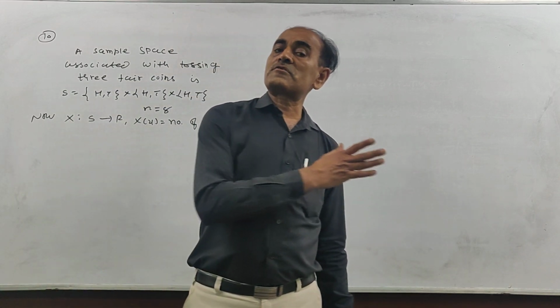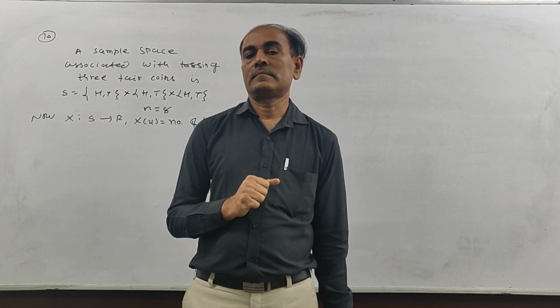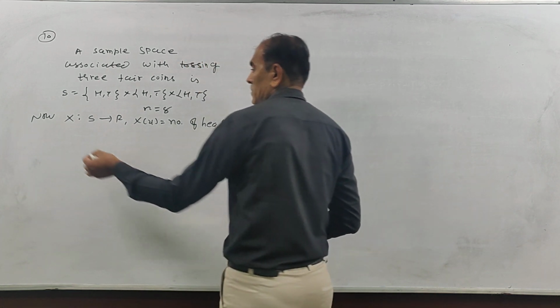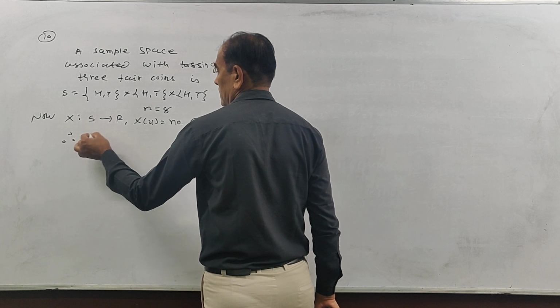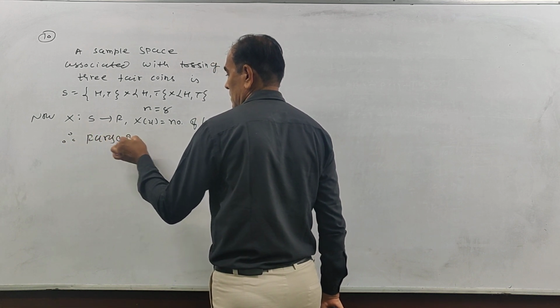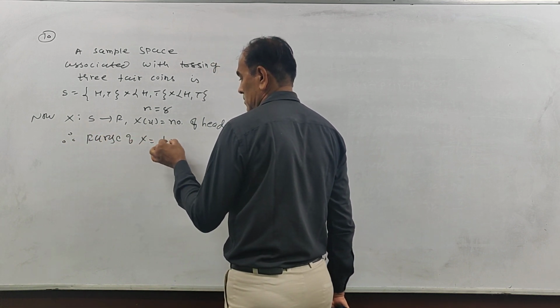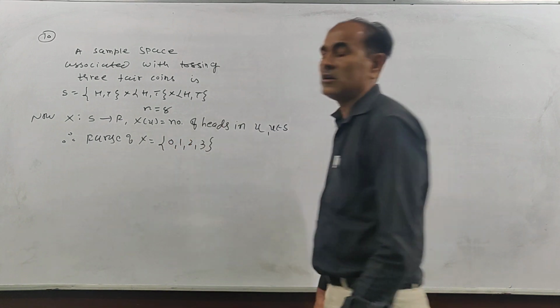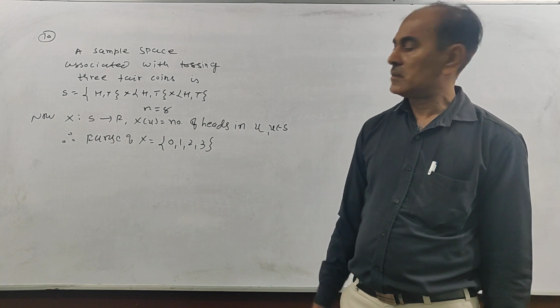So at most 3 heads are there. 3 or less. So what is the range of X? The range of X is equal to 0, 1, 2 and 3. 3 heads are there.